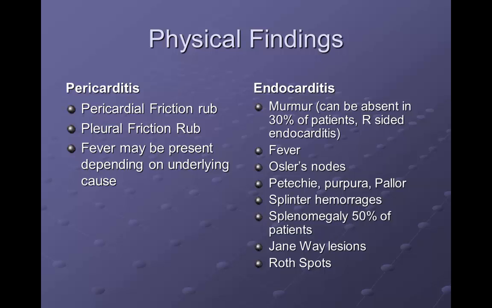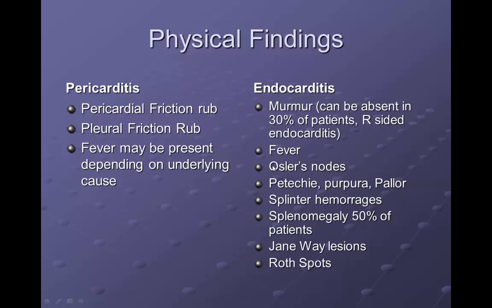Physical signs and symptoms. This is going to be the explanation of the criteria. And we already went over pericarditis, that patients could have pericardial friction rub, fever, pleural friction rub as well.